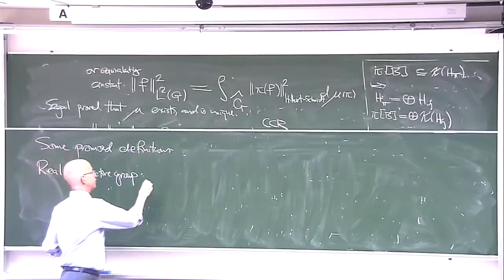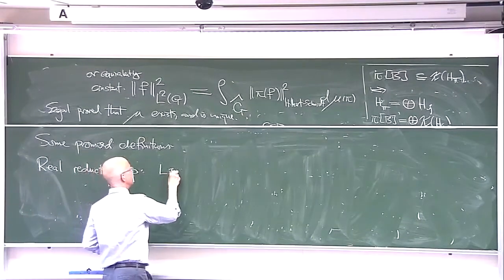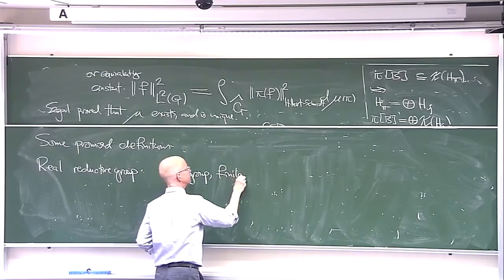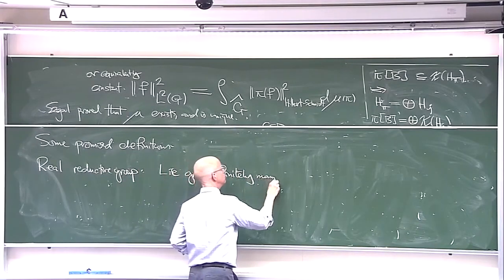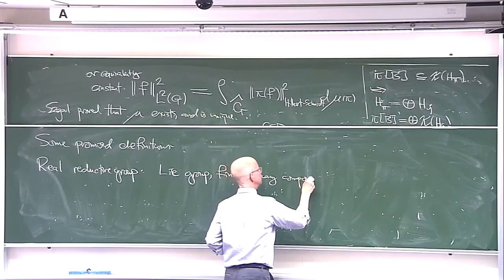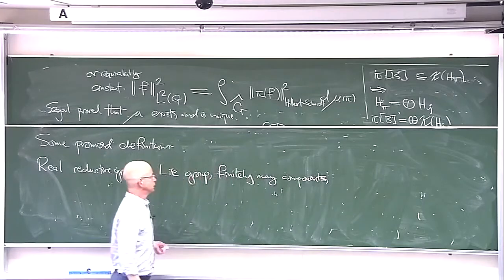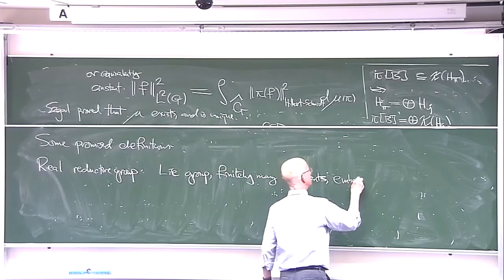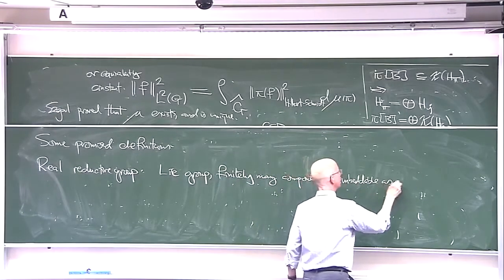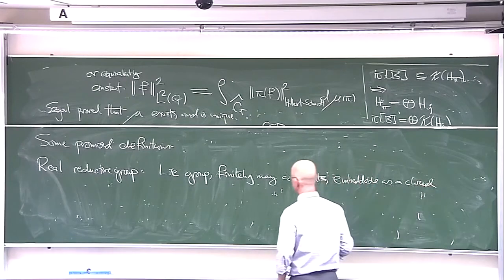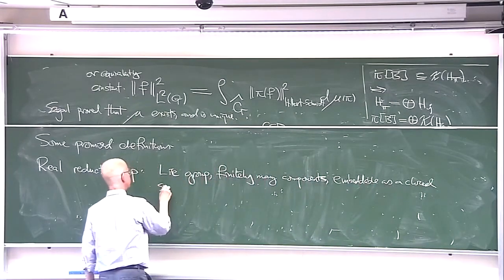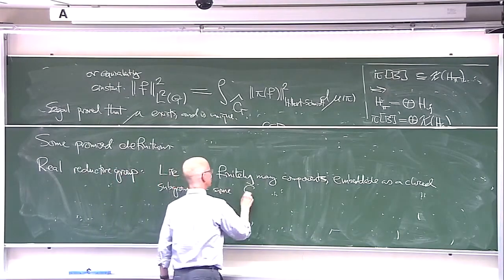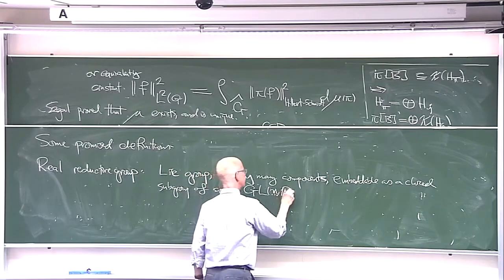So a real reductive group will be for us a Lie group, almost connected, with finitely many connected components, which can be embedded as a closed subgroup, actually closed is automatic, inside some matrix group, some GL(n,R).